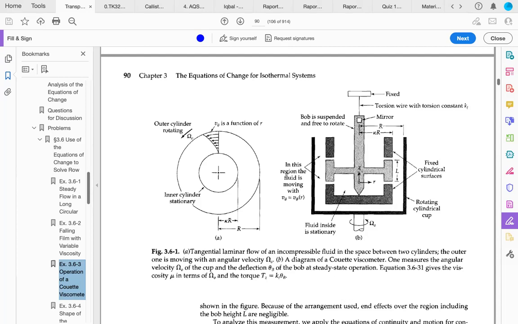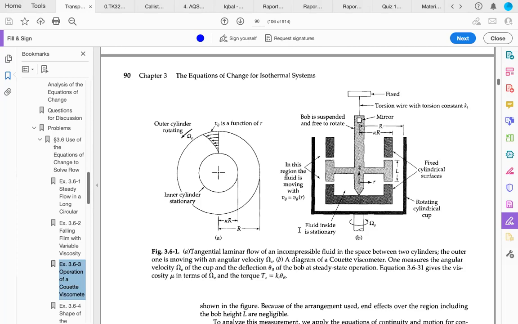So we don't have phi z. Do we have phi r? We don't have phi r either, because the fluid doesn't spread out like that; the fluid is only rotating.